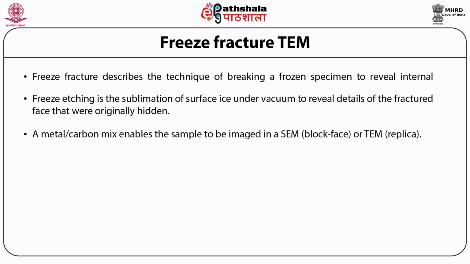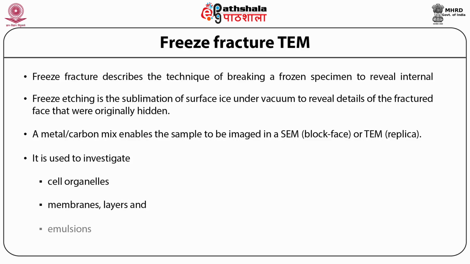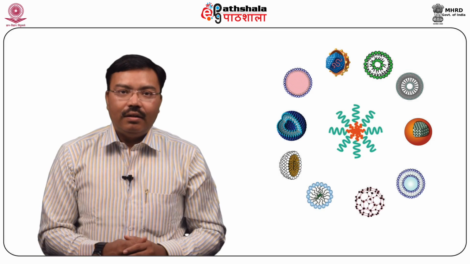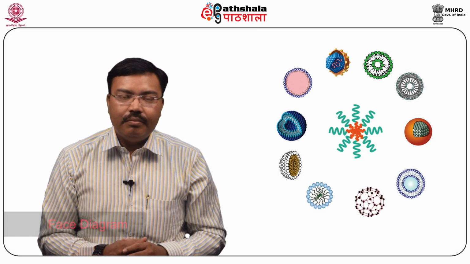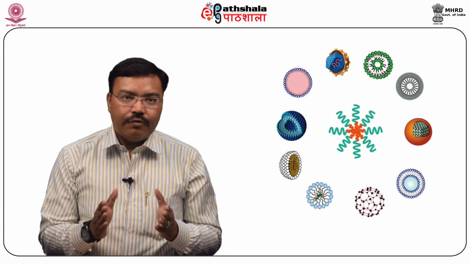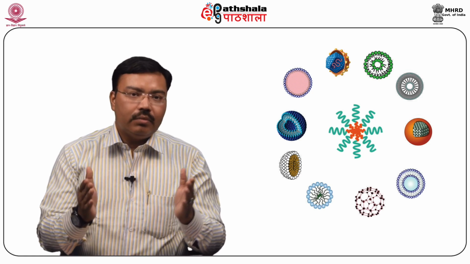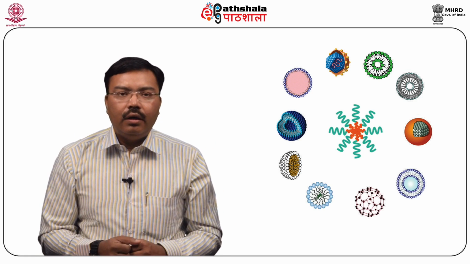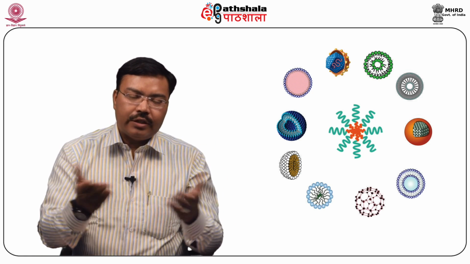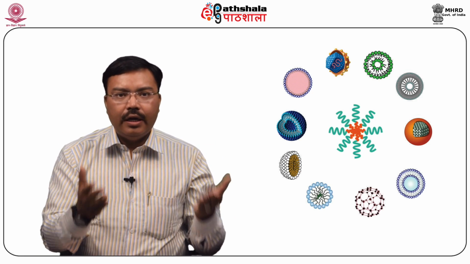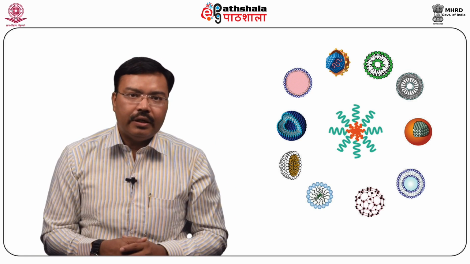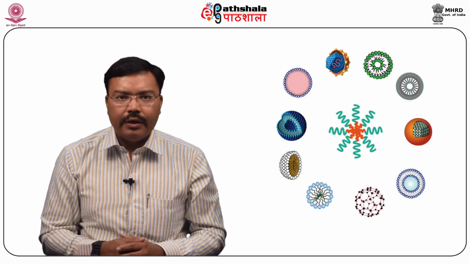Therefore, this investigation is utilized for microemulsion formulations, cell organelles, membranes, or emulsions. For freeze fracture TEM, the samples are prepared by a specially designed technique. Since the name is freeze fracture, we have to freeze the sample and then send it for TEM analysis. That is the principle behind it.